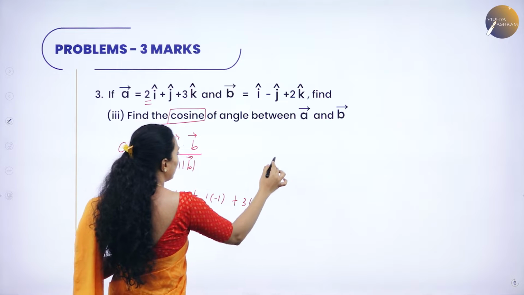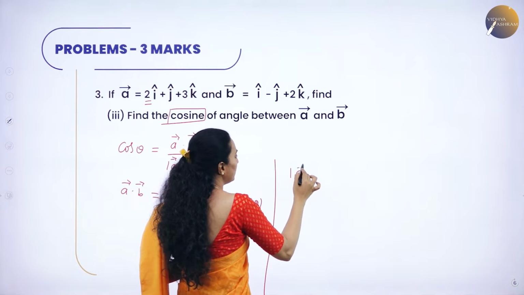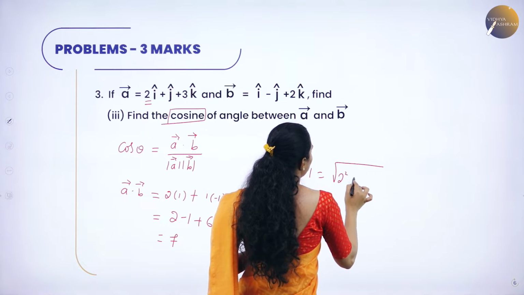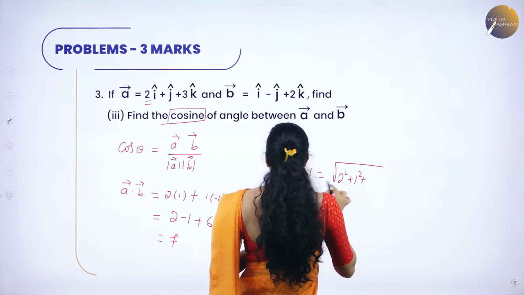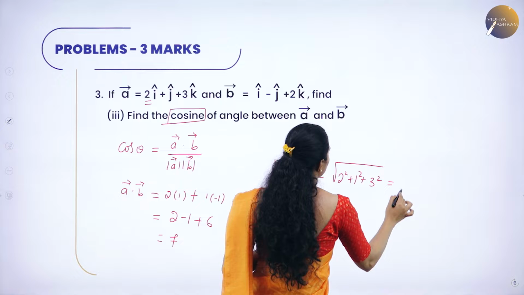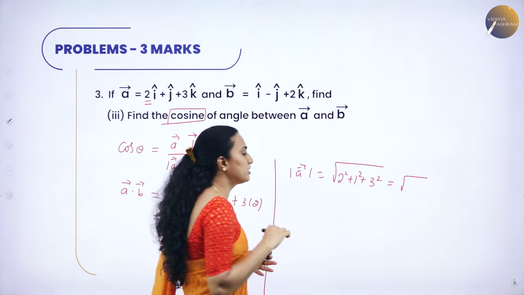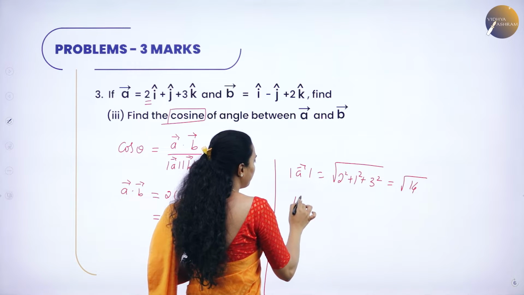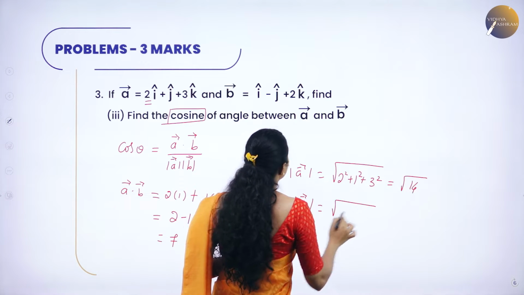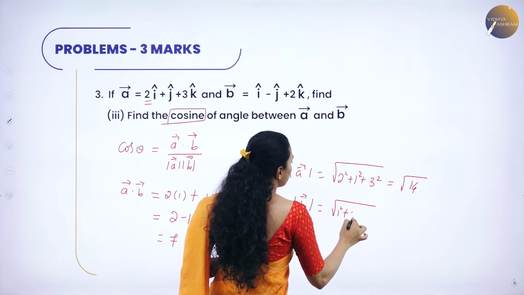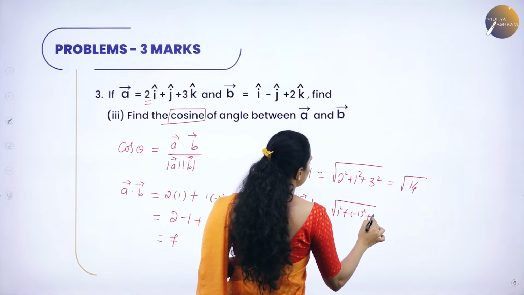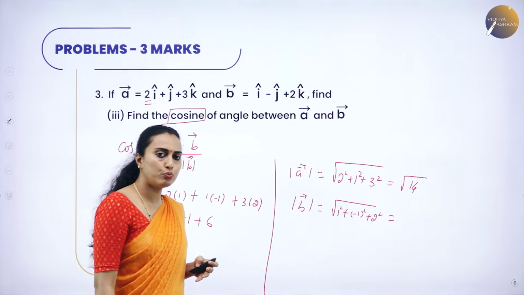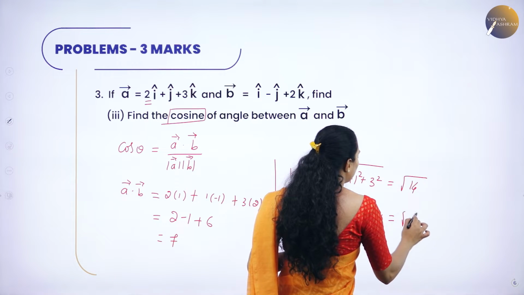Now you need to find the magnitude of a. As we know, the magnitude of a is the square root of 2 squared plus 1 squared plus 3 squared, which is 4 plus 1, 5 plus 9, root 14. Similarly, the magnitude of b is the square root of 1 squared plus (minus 1) squared plus 2 squared, which is 1 plus 1, 2, 2 plus 4 is 6, so root 6.